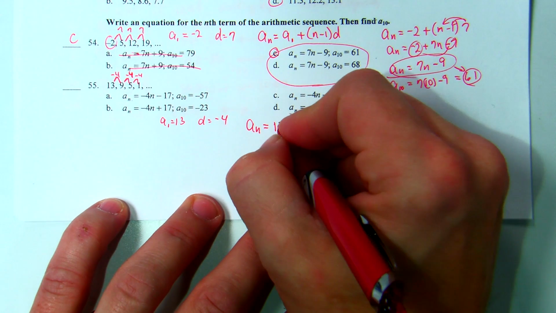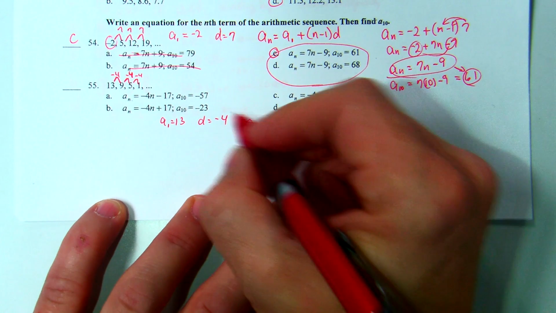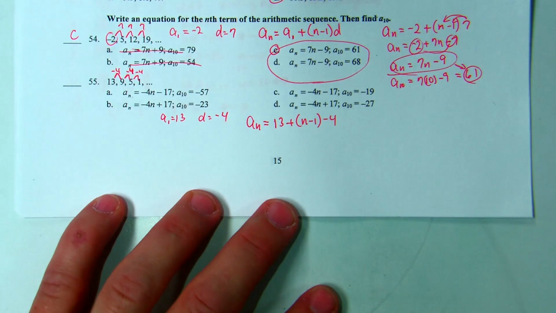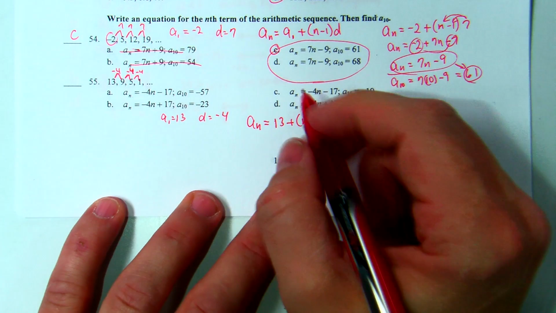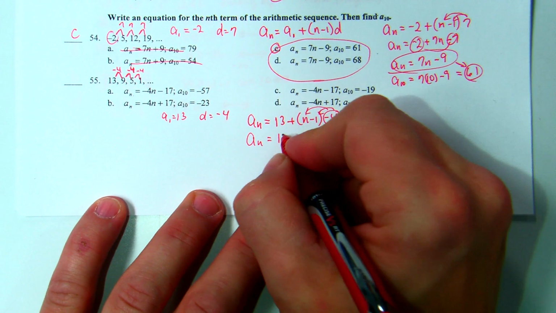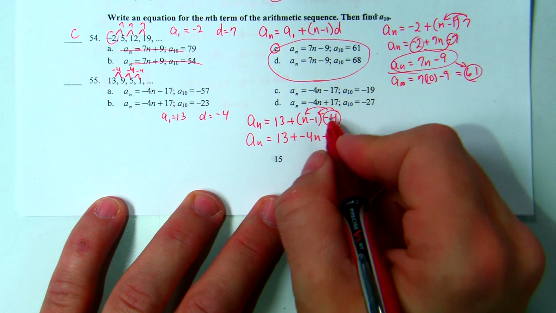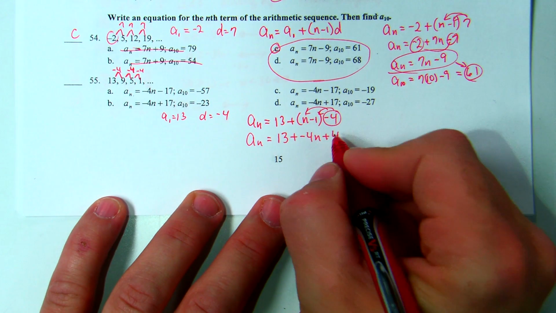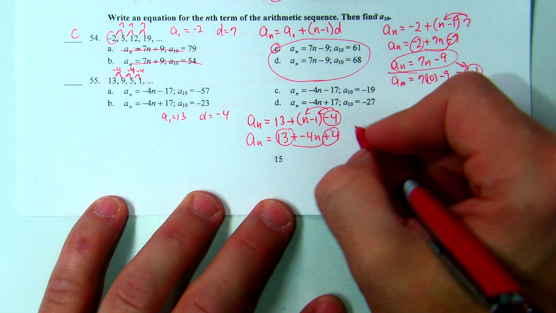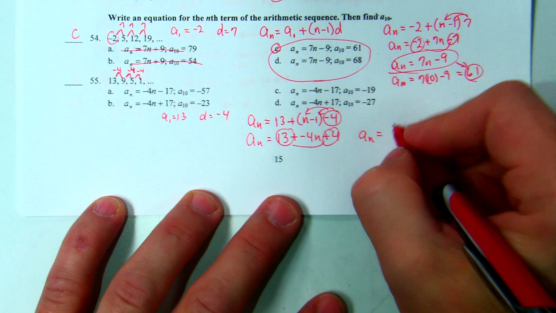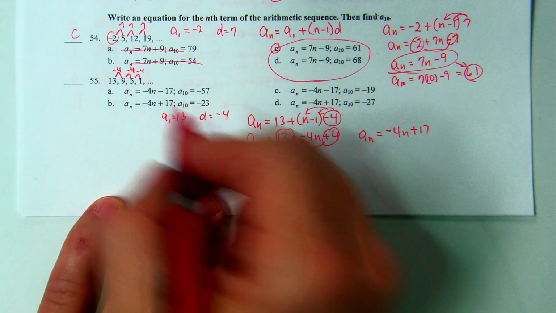A sub n is going to equal 13, my first term, plus n minus 1 times negative 4. I'm going to distribute that negative 4 to both of these terms in the parentheses here. A sub n is going to equal 13 plus negative 4n plus 4, right? Negative 1 times negative 4 is positive. I'll combine my like terms here. A sub n is going to equal negative 4n plus 17.